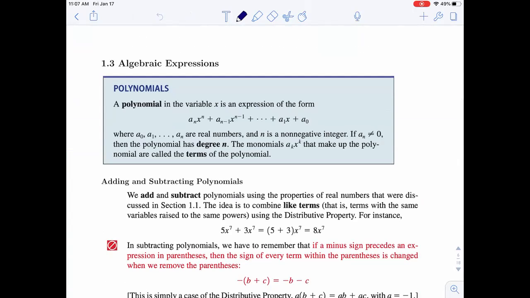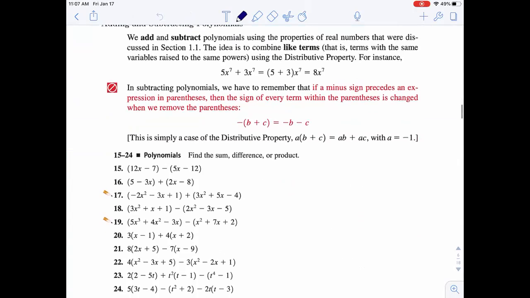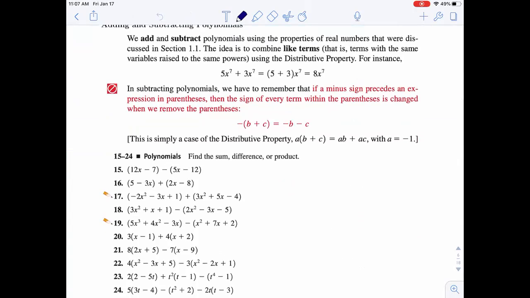Right, and so polynomial, do you guys remember what a polynomial is? Right, probably from just life, but a polynomial is anything that looks like, well, any one of these, right? So if you only have a coefficient, and then you have an x, and then maybe it's squared, or to the power of 3, or to the power of 18, or whatever, and then you can add all these terms as many times as you want, right? And so anything that looks like that is a polynomial.